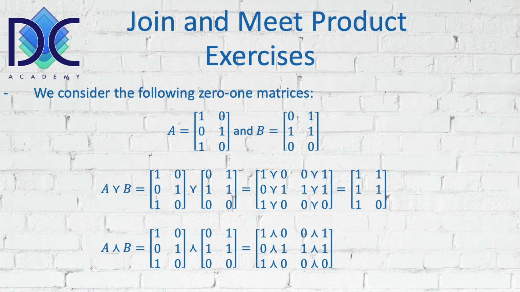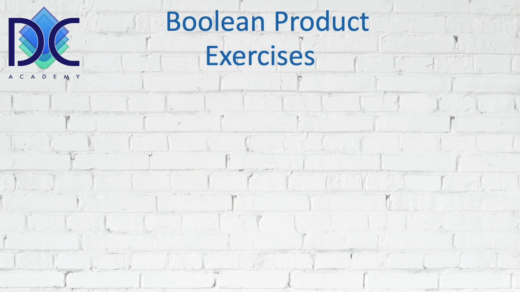For the second column, we have 0 and 1, 1 and 1, and 0 and 0. The first and the third element are equal to 0, and the middle element is equal to 1. So we find here that the meet of A and B is 0, 0, 0, 0, 1, 0. Basically, what we found here are those results.